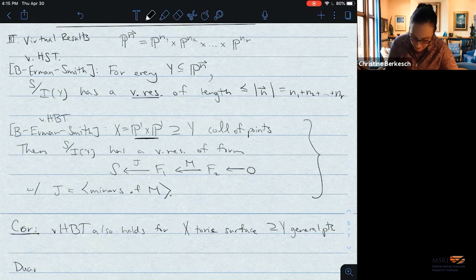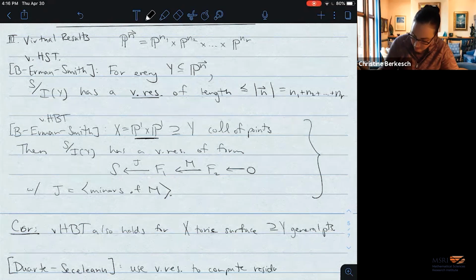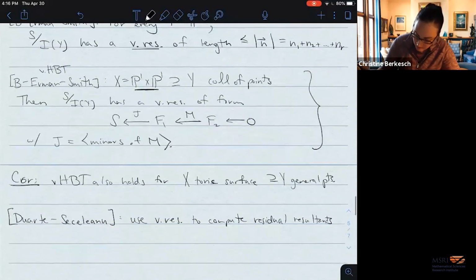So that's a really nice consequence of this, using a virtual resolution.